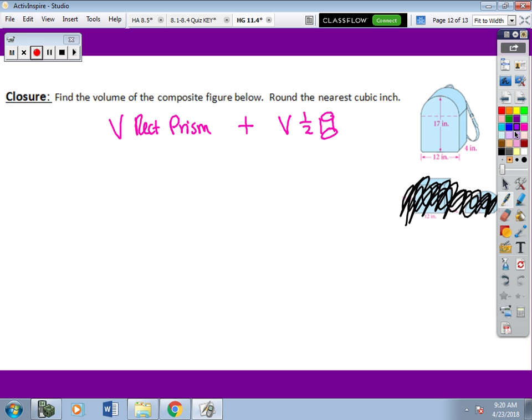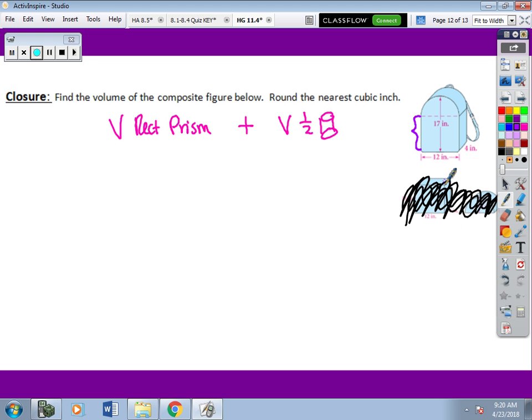Now, what makes the problem hard is when I take this away for you to come up with the measurements for what everything is. So we can see that it'll be 12 by 4, but what you don't know is you don't know at the time how tall it is. Okay, you don't know that that's necessarily 12. We can find this out though using the fact that if this is 12, this is 12.